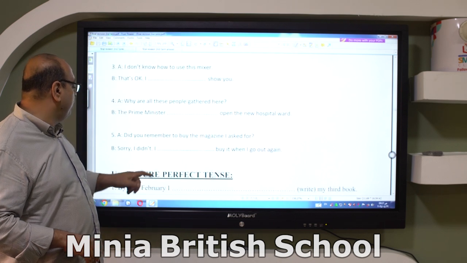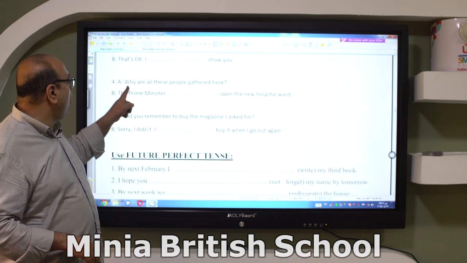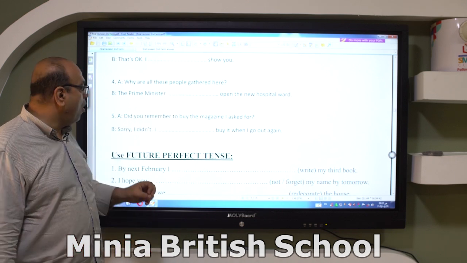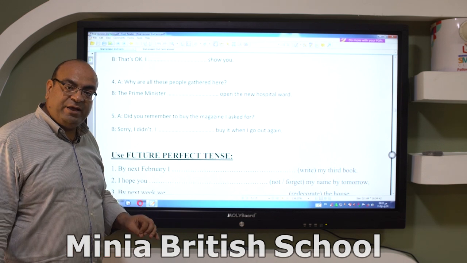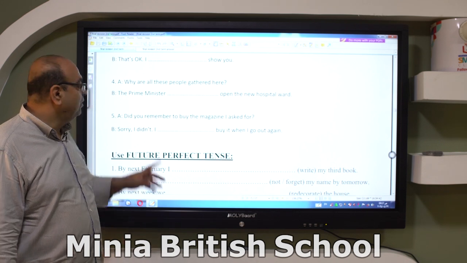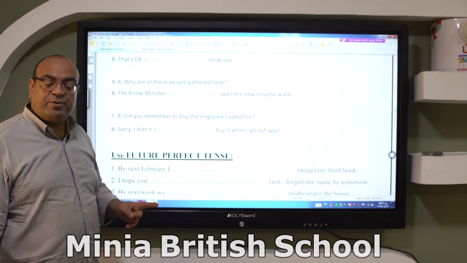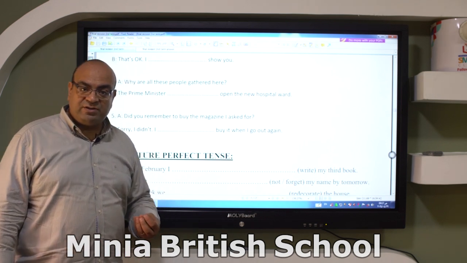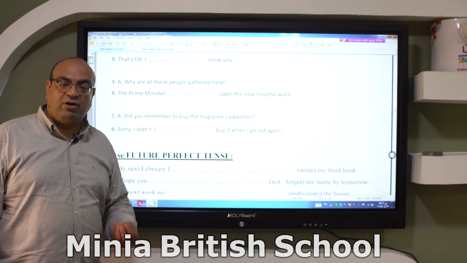Now we move to number 4. Why are all these people gathered together? The Prime Minister is one of the positions that is really high in our country.